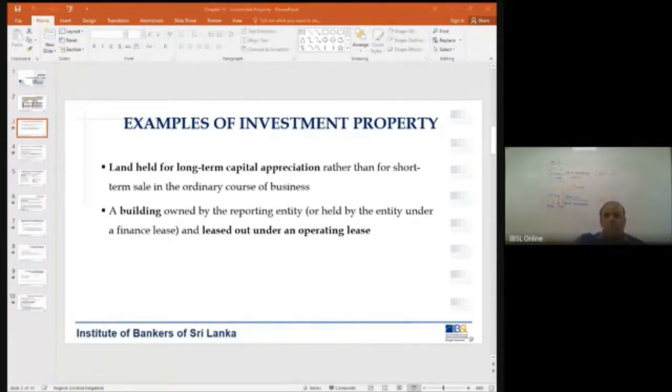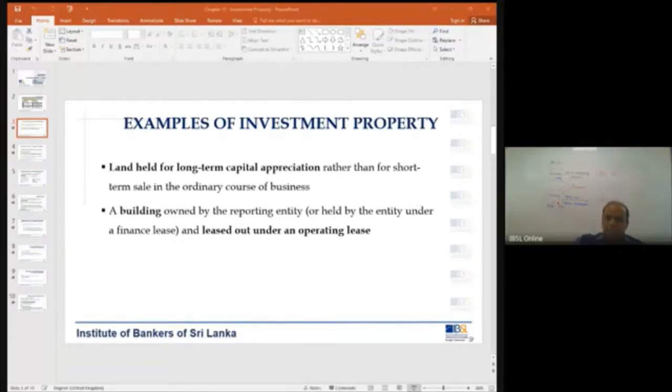A company owns a piece of land. Now this is land. They are talking about the land. The directors have not yet decided whether to build a factory on it for use in its business, or to keep it and sell it when its value has risen. So what they mean here is a company owns a piece of land.